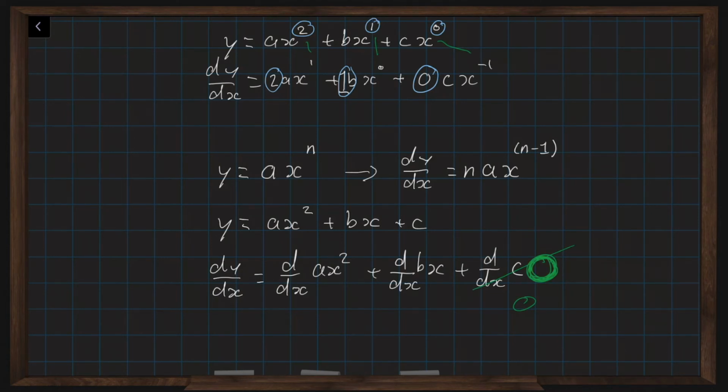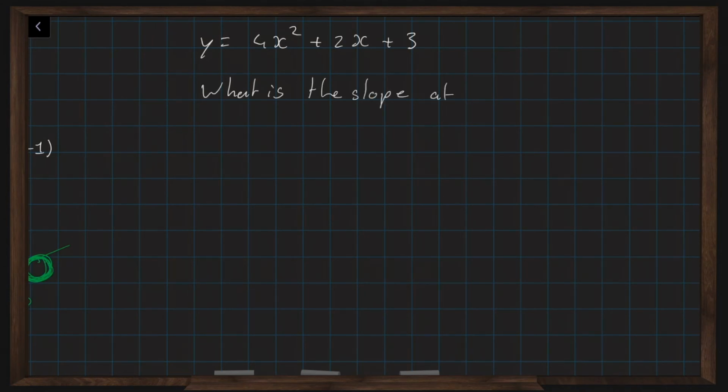So let's have a look at some explicit examples. Let's say that y is equal to 4x squared plus 2x plus 3. And then we ask, what is the slope at x equals 2?